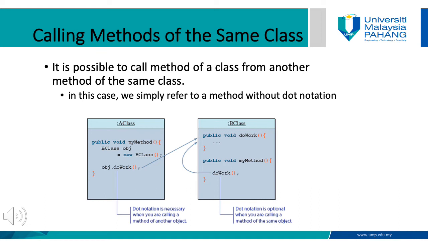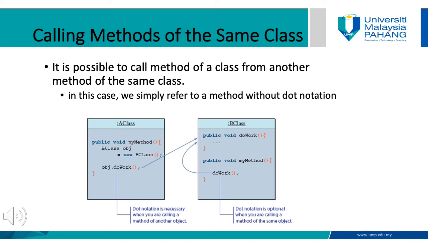obj dot do word. So obj dot do word is a method from class B, right? So class A is calling the do word method from class B. How to call a method from another class is by putting a dot.